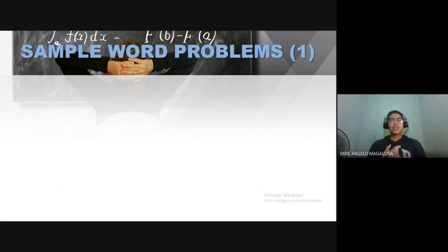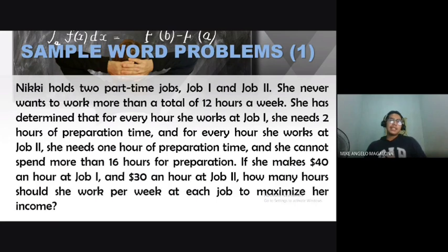Moving on, let us solve this sample word problem. Nikki holds 2 part-time jobs, job 1 and job 2. She never wants to work more than a total of 12 hours a week. She has determined that for every hour she works at job 1, she needs 2 hours of preparation time.